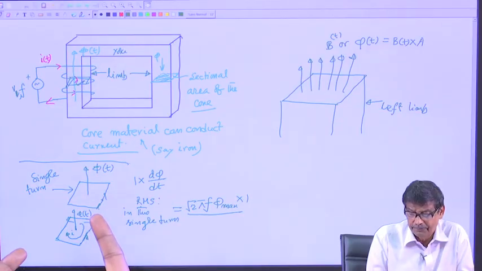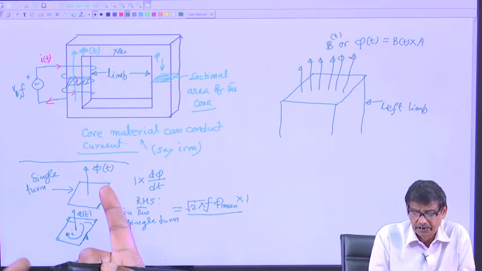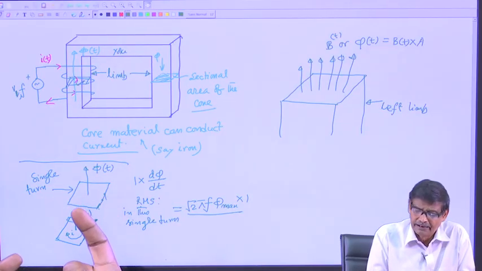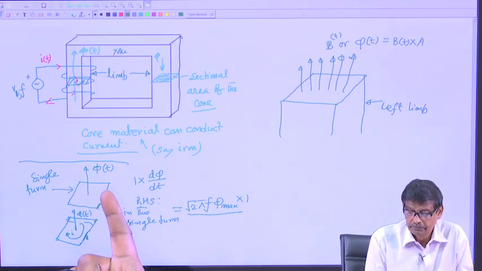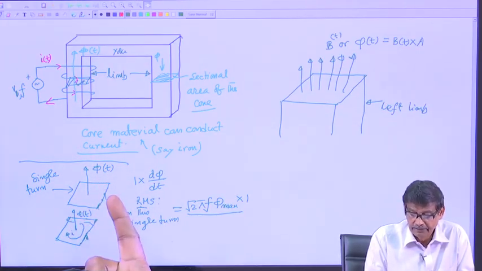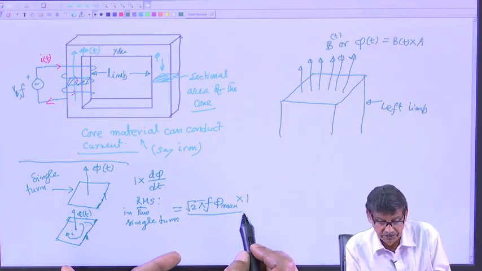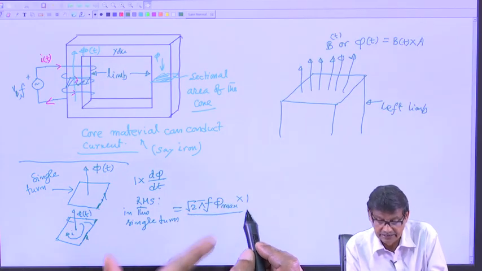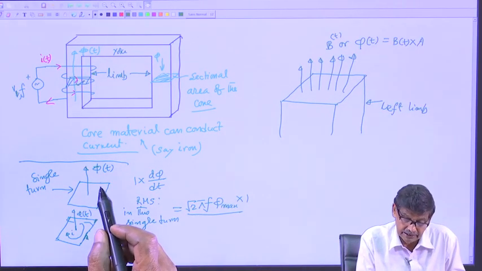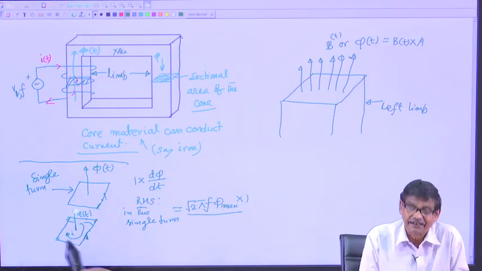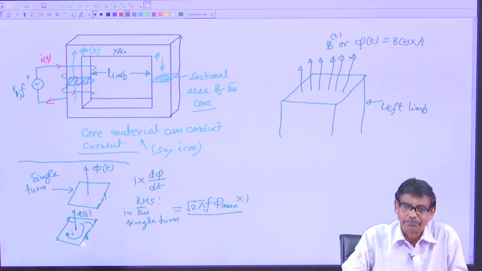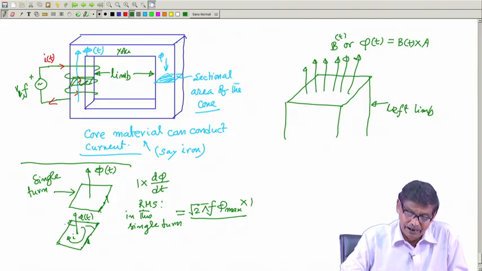The problem I have stated here is a single rectangular turn, and let us imagine there is a time varying flux going up and down crossing this coil. Then there will be an RMS voltage induced in the single turn, that is why n is 1, and this voltage will drive a current, but the direction of the current you have to find by applying Lenz's law.